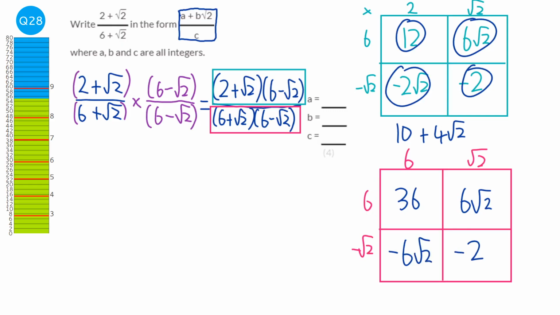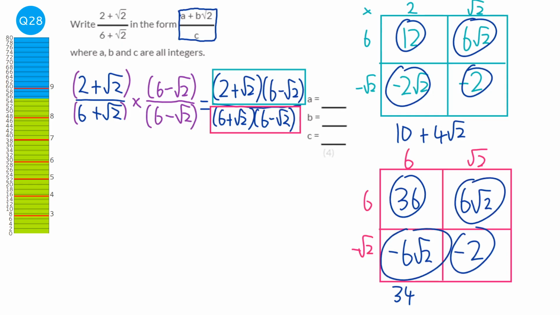And so when we add them together, we've got the 36 and the minus 2 there, so that would be 34. And then 6 root 2, take away 6 root 2, is just going to be nothing. So that actually expands to be an integer, not a surd.